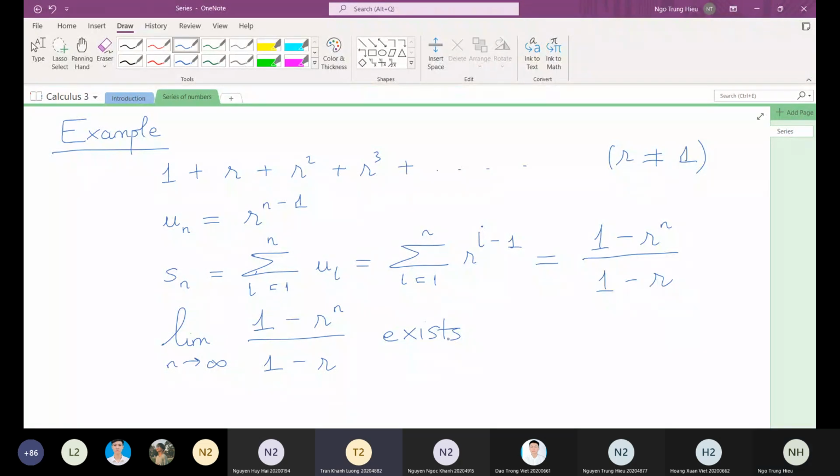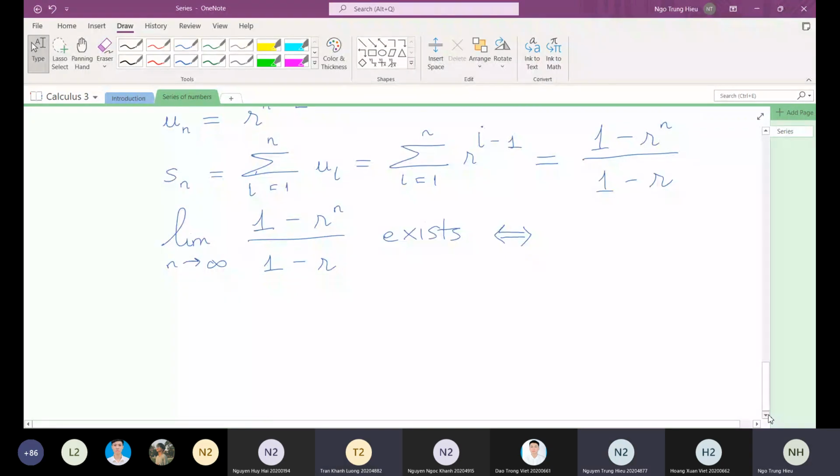No, it doesn't, because it depends on n. If n is an odd number or an even number, it is different. Okay, so think about this. Negative 1/2 to the n, if n goes to infinity, it goes to 0, so it still exists.